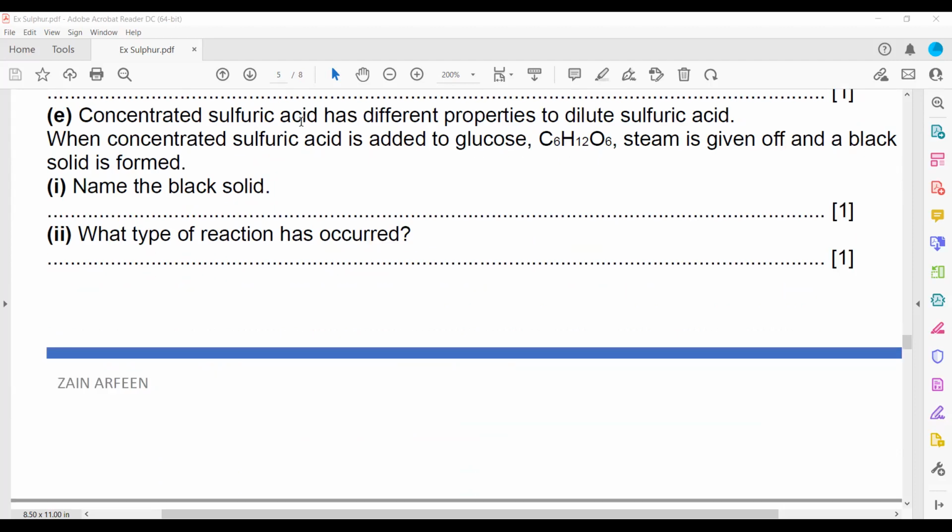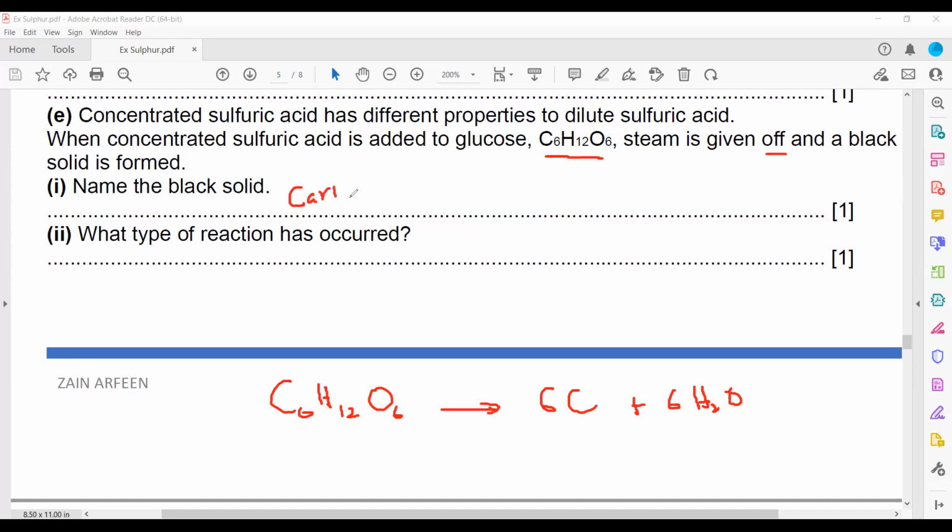Then concentrated sulfuric acid has different properties than dilute. When concentrated sulfuric acid is added to glucose, C6H12O6, steam is given off and a black solid forms. So basically, concentrated sulfuric acid is a dehydrating agent. It can remove the water from the compound. So what is the black solid?